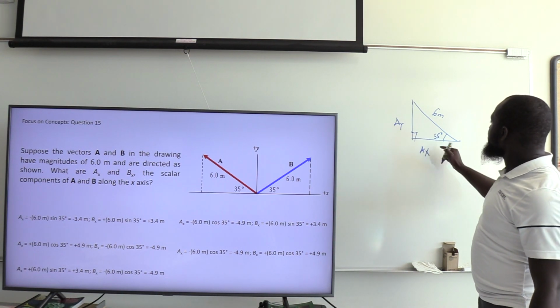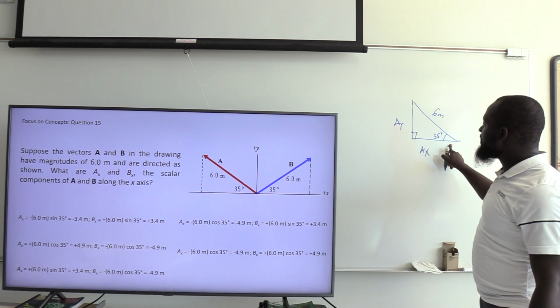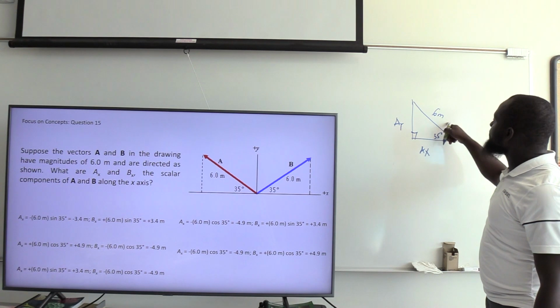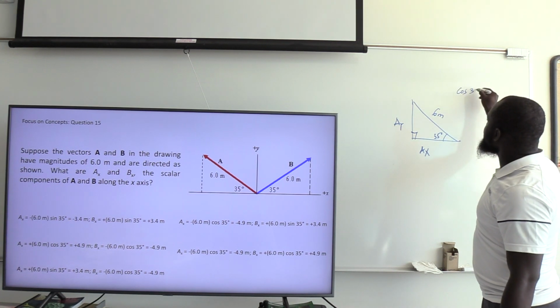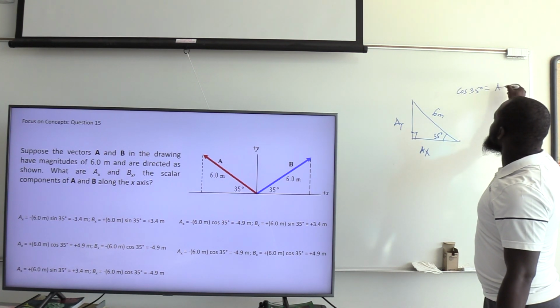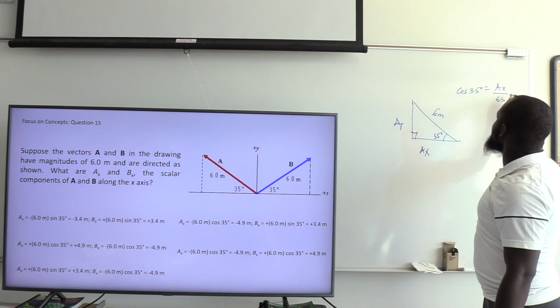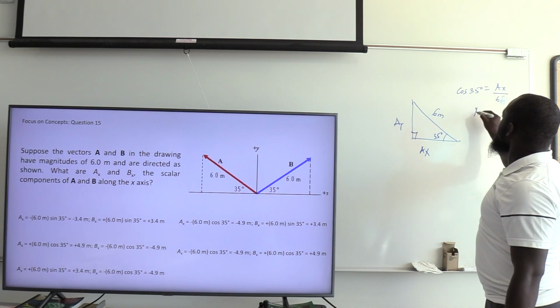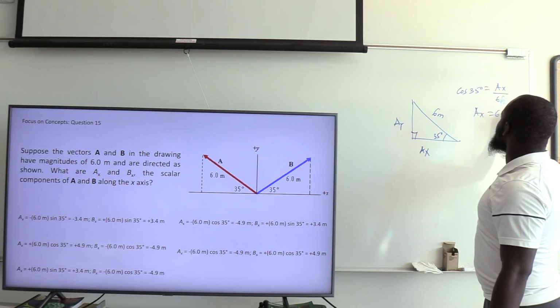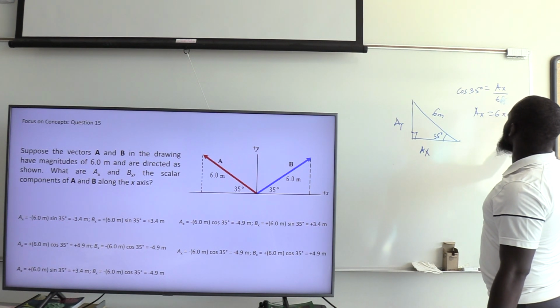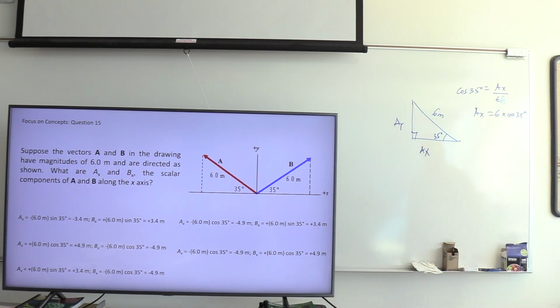So to get the x component, the x part is adjacent over hypotenuse. So cosine 35 degrees is ax over 6 meters. So ax, the x component, is 6 times cosine 35 degrees. Is that okay? So you take a calculator again. Excuse me.